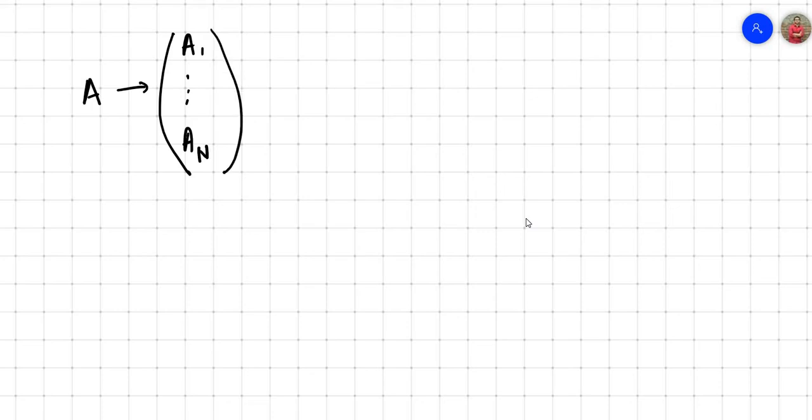So if we are given a vector, then there is a column vector representation, a1 up to an, and we write a component of this vector as a^i. Now, this index, this superscript, we call it a contravariant index.